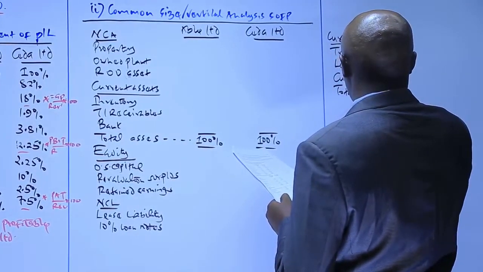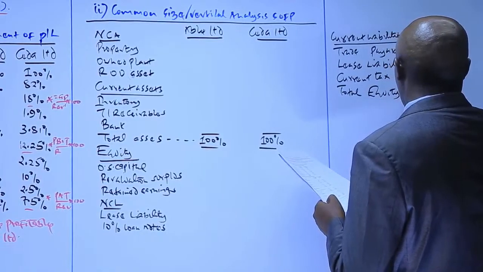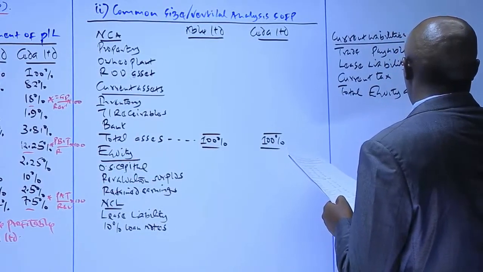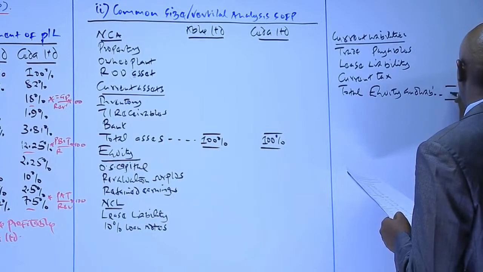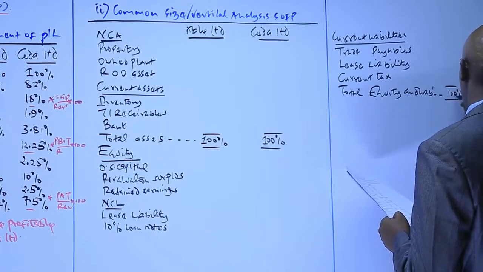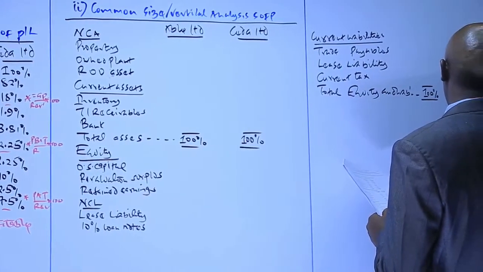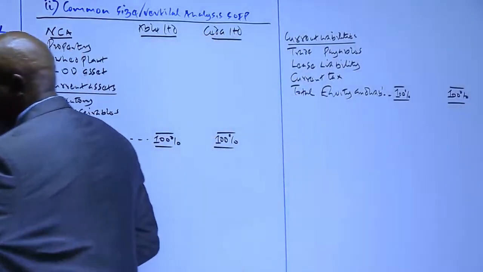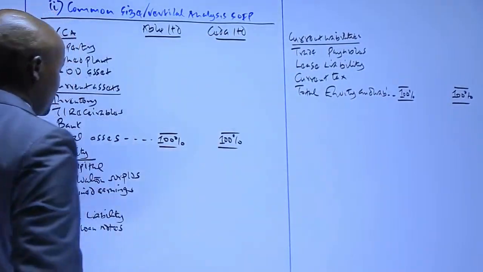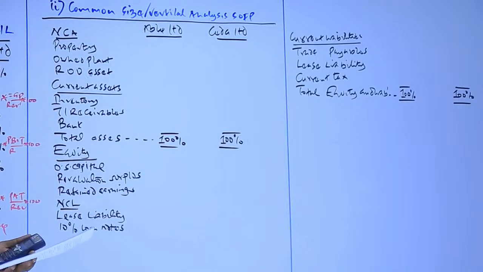And then we have the total equity and liabilities. This is the same as the total asset, and therefore once we express this as a percentage of total asset, automatically it will give us 100%. So we need to express all these items in the statement of financial position as a percentage of total asset.